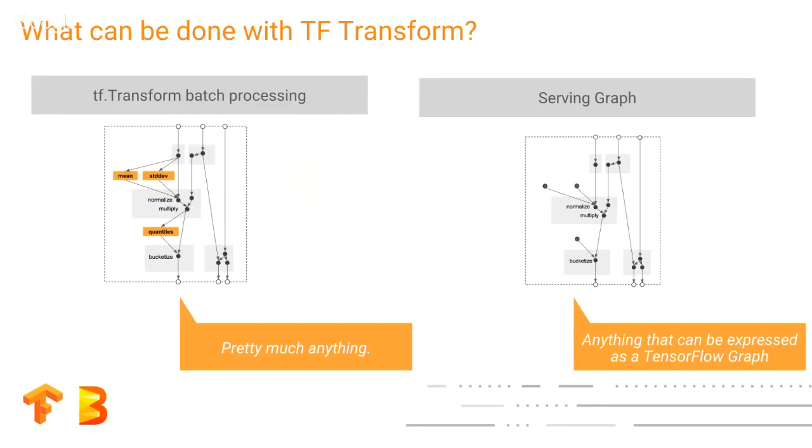This is so that we can embed this into the TensorFlow graph right next to the serving graph. But you can do a lot of stuff with TensorFlow, so it's not as restrictive as you might imagine. But we can't do, for instance, full pass analysis here, because it doesn't make sense to say, when an instance comes in, I want to compute the average of all instances. You want to compute the average of all instances that were in your training data and apply that to normalize this particular instance.